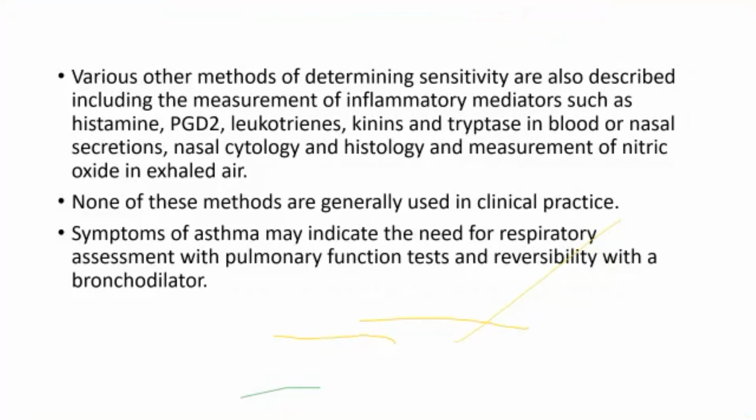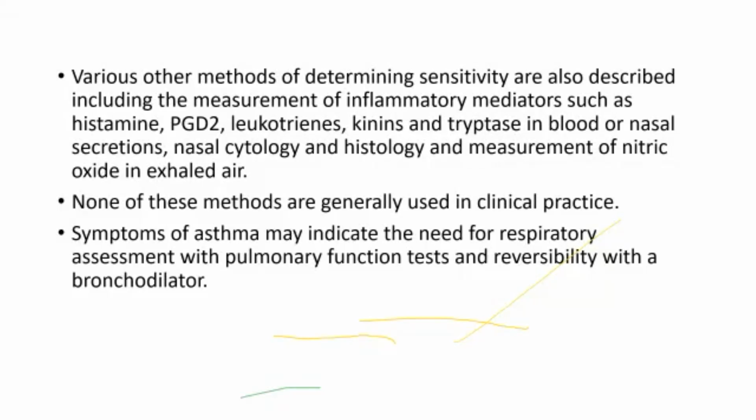So other methods, as you know, inflammatory mediators can be counted, like histamine. PGD2, E2, C2, D2, something like that. D2 is very important here. LTC4, D4, E4, leukotrienes are important, kinins are important, tryptase. This is very important. Tryptase counting is very important. It is given in the standard textbook.